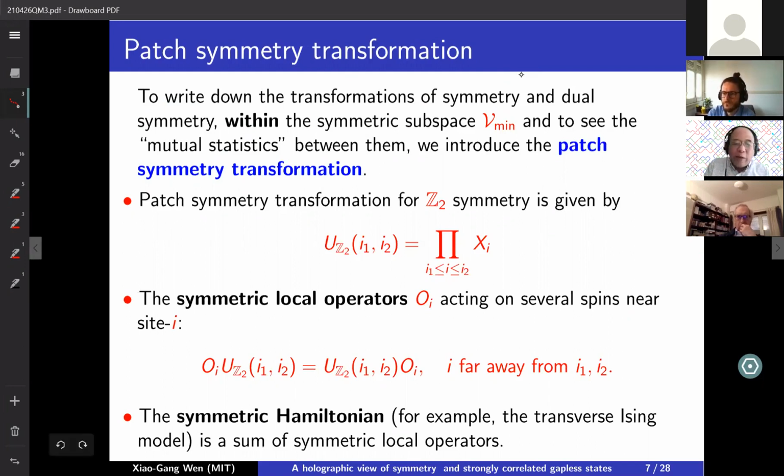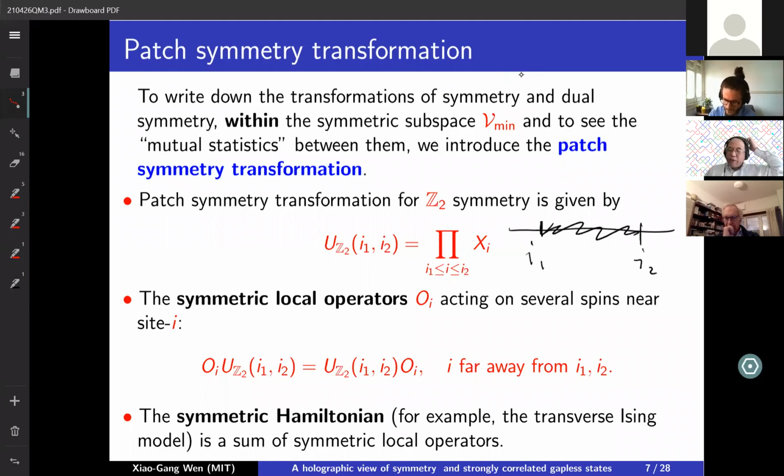So within the symmetric subspace, to see the symmetry transformation, we find a trick. We only transform the symmetry on a patch, say on a segment, in the region from I1 to I2. For the Z2 symmetry, for example, we just do the spin flip over this segment.